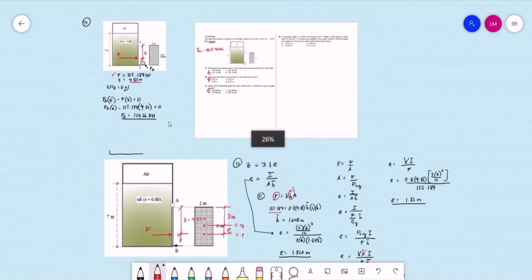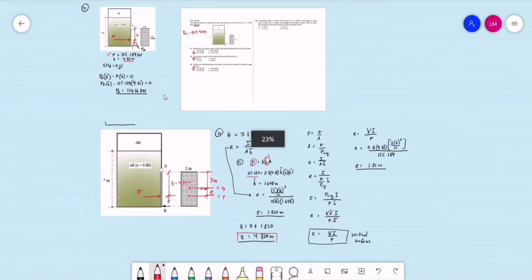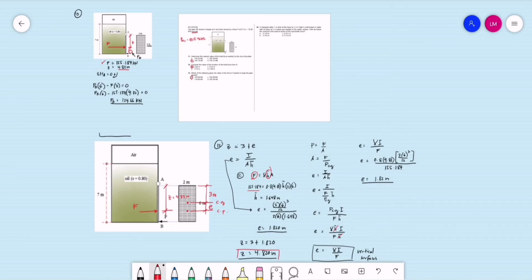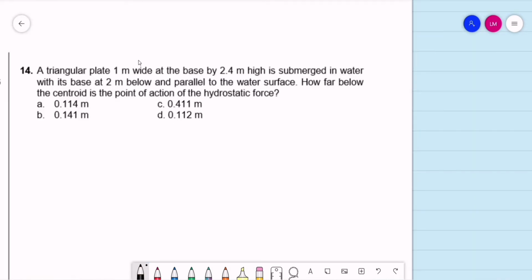Ito yung case na kapag hindi zero pressure yung liquid surface. Okay, so dito tayo sa problem number 14. A triangular plate 1 meter wide at the base by 2.4 meters high is submerged in water, with its base 2 meters below and parallel to the water surface.